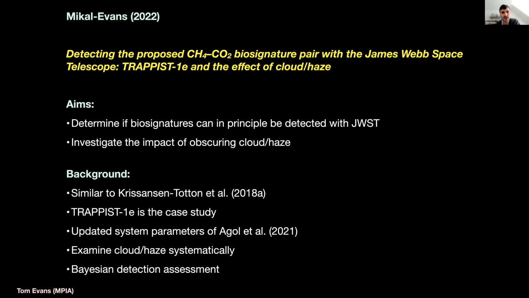For one thing, I used the latest system parameters for TRAPPIST-1e that were recently published by Agol et al., which result in a somewhat lower surface gravity for TRAPPIST-1e, which means a stronger transmission signal for the atmosphere. I also performed a more systematic investigation of the impact of clouds and hazes compared to Christensen-Totten. And I also made use of a Bayesian evidence framework for evaluating the detection significance of methane and carbon dioxide in the atmosphere.